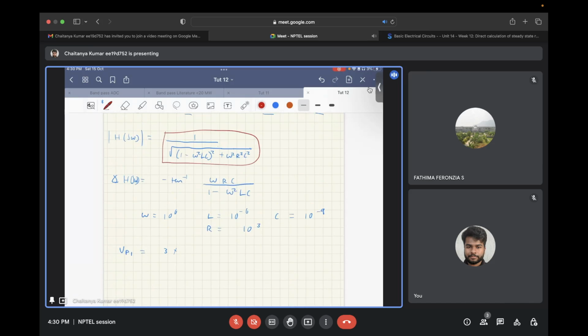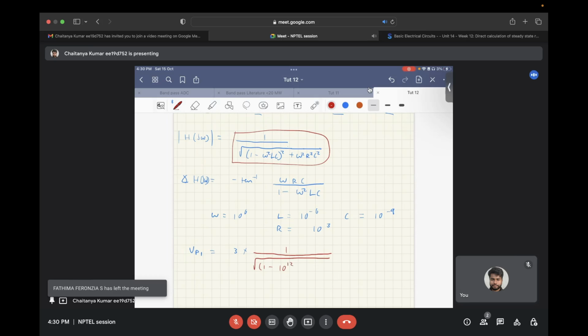Now, if you plug in the values in this expression, again, as we saw in the previous problem, what we get over here is 1 minus 10 to the power 12 into 10 to the power minus 6 into 10 to the power minus 9.